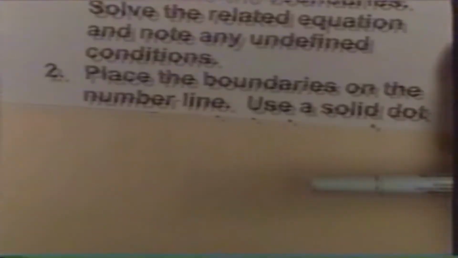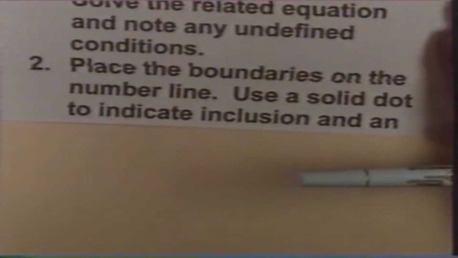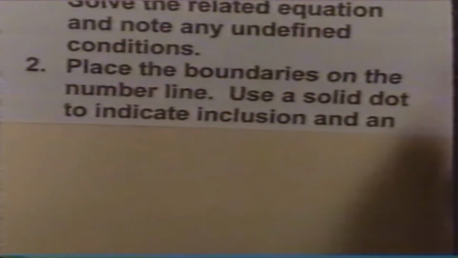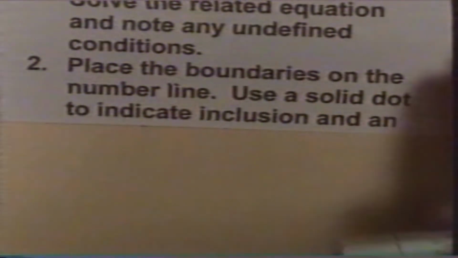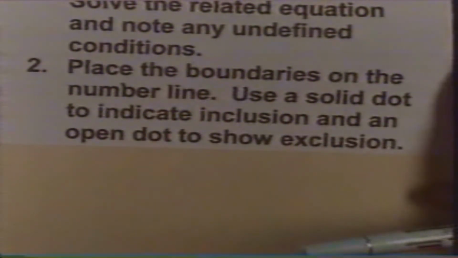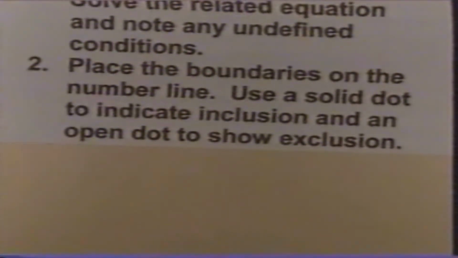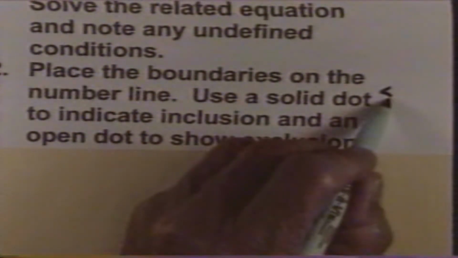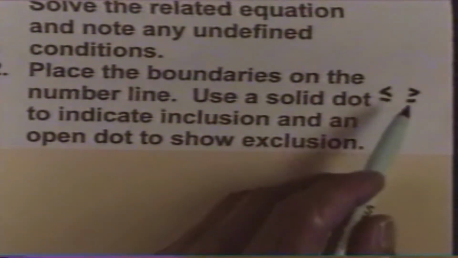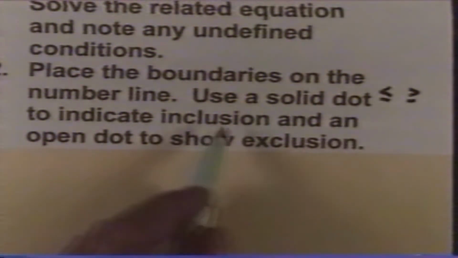Step 2. Place the boundaries on the number line. As you place the boundaries on the number line, use a solid dot to indicate inclusion and an open dot to show exclusion. Less than or equal to, greater than or equal to, tell me to include, which means you use a solid dot.